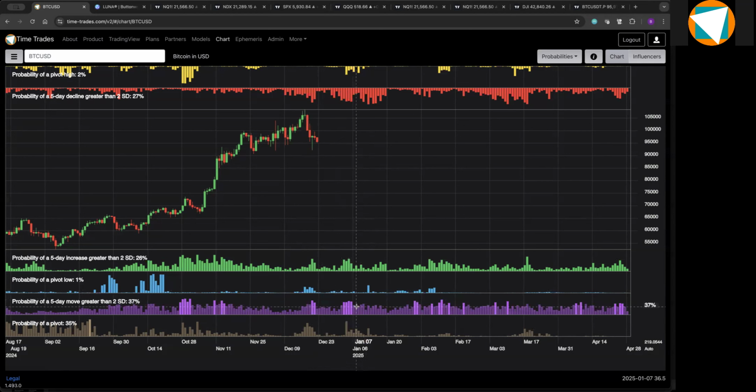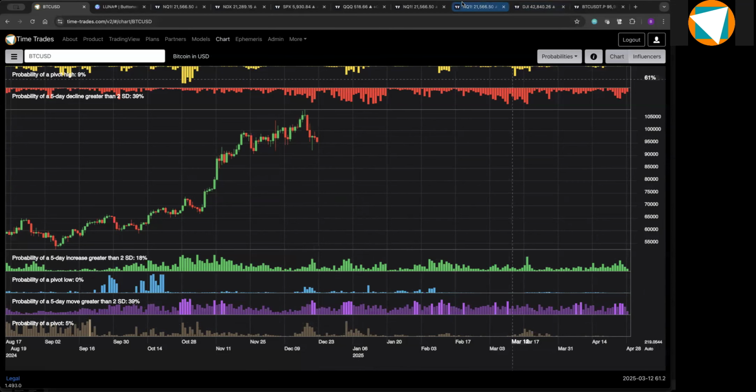But yeah, I think there's more opportunity on the short side than the long side, just given the price action around these pivots here, and things could accelerate heading into the new year with potentially one of those classic Bitcoin wicks on January 2, January 3.